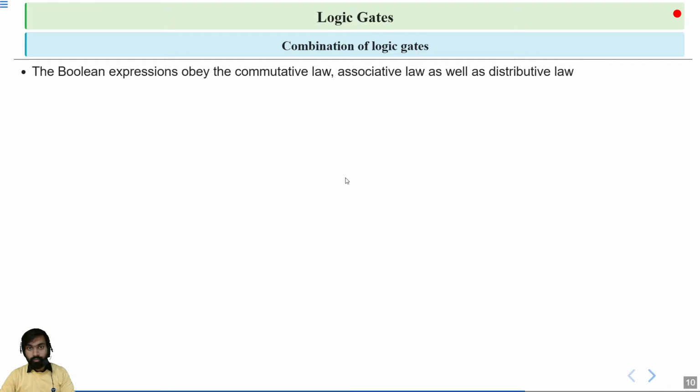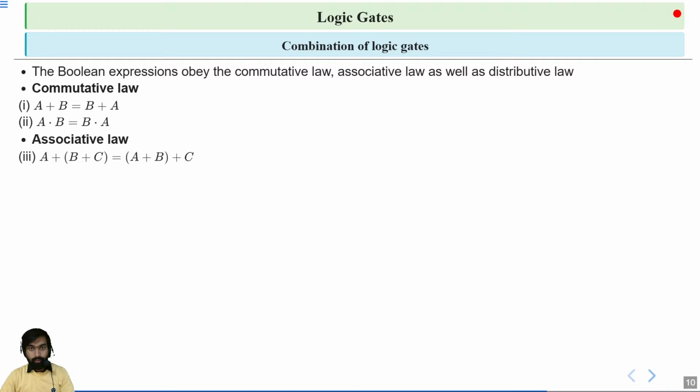The Boolean expressions obey the commutative law, associative law, as well as the distributive law. The commutative law is A plus B equal to B plus A, and A dot B equal to B dot A. The associative law: A plus B plus C equal to A plus (B plus C), and A dot B dot C equal to A dot (B dot C).